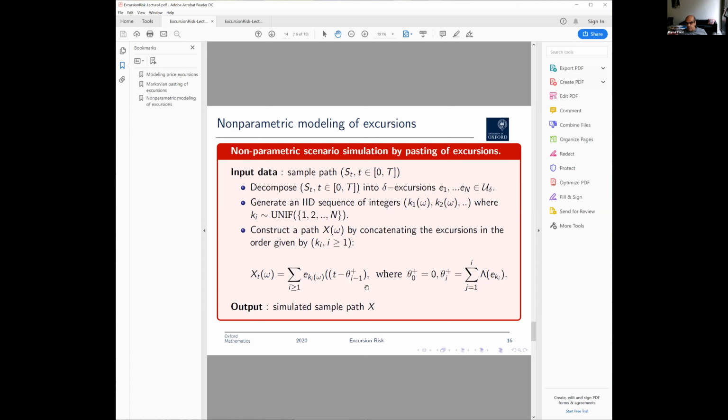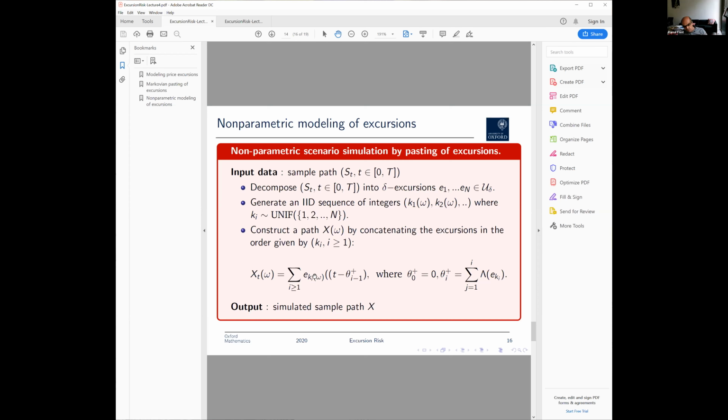And this gives me a non-parametric way to generate scenarios. But by construction, these paths will have the correct distribution of amplitudes for the delta excursions. They will have the correct distribution for the duration of the delta excursions because I'm using the actual delta excursions from the data.